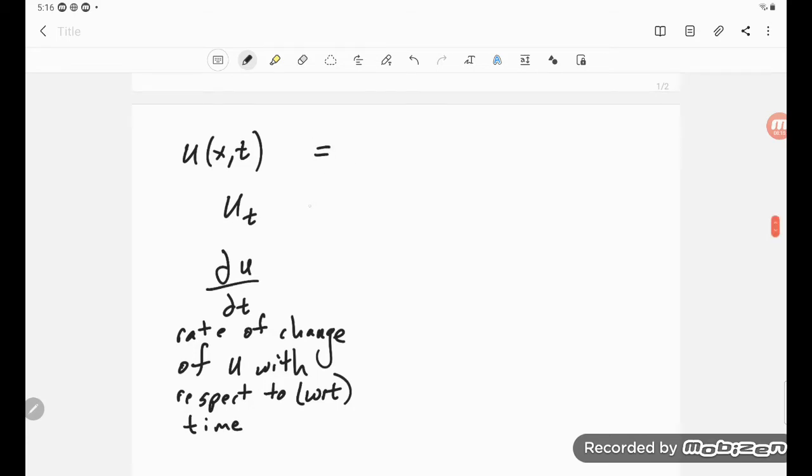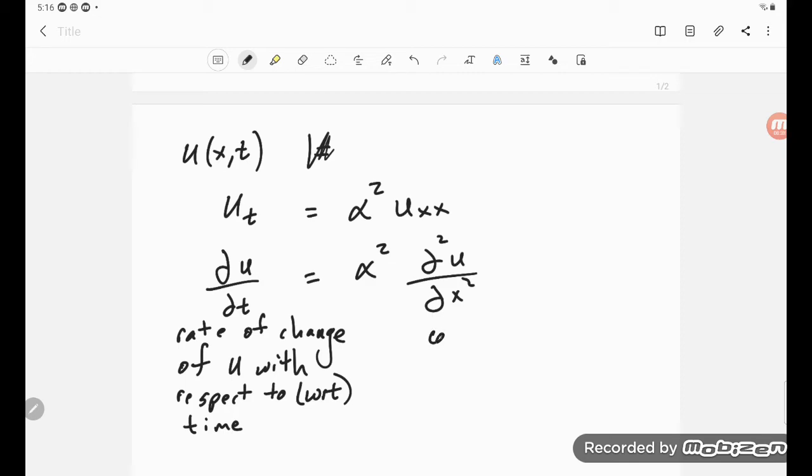And that is equal to alpha squared U sub XX. So this is alpha squared. You could write the second partial of U with respect to X, the space variable. So this is the concavity of U with respect to X, or space.